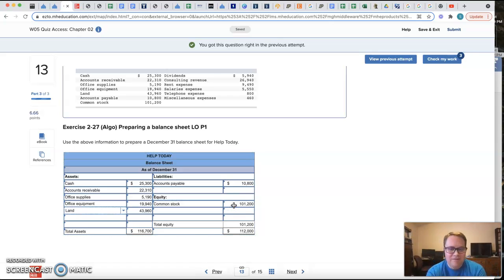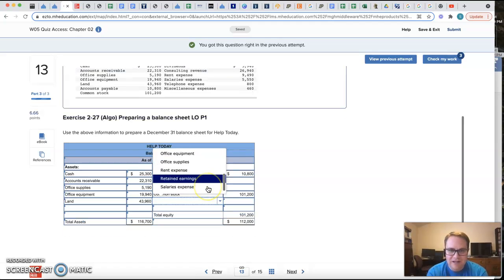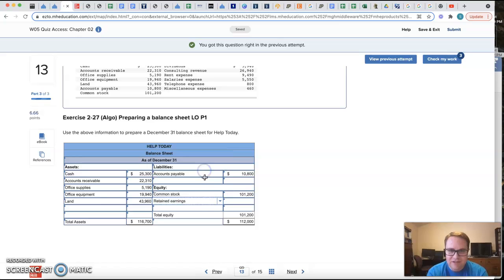And one I have a hard time remembering is what comes from our prior question, from question 12, and that's our retained earnings. So this is the money that we've been able to retain from the sales and revenues we've done, minus the dividends as we calculated. So if you jotted that down, you can plug that in.